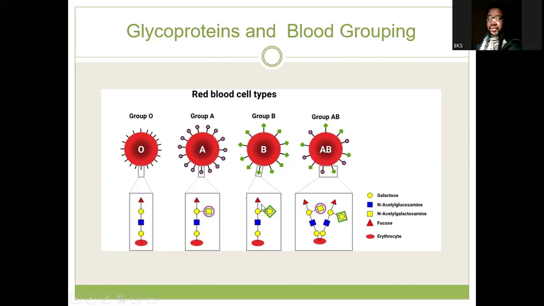That individual is said to be blood group B. Now you have another individual that has something that looks exactly like A and something that looks exactly like B. That individual is classified as blood group AB.